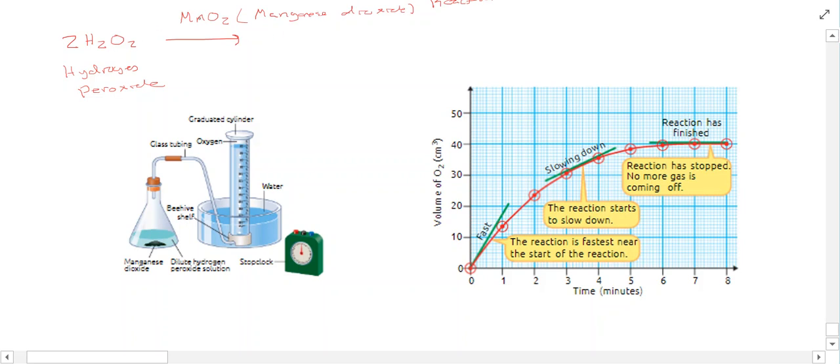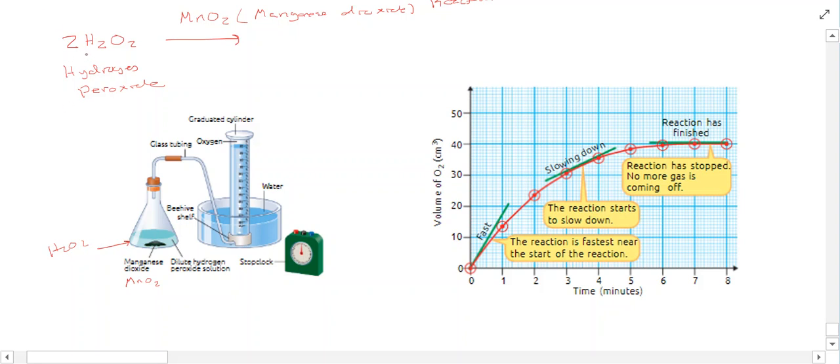So imagine the liquid here is the H2O2, and this black substance in here is the MnO2. These come into contact with each other and it starts a chemical reaction. It starts a change process happening.